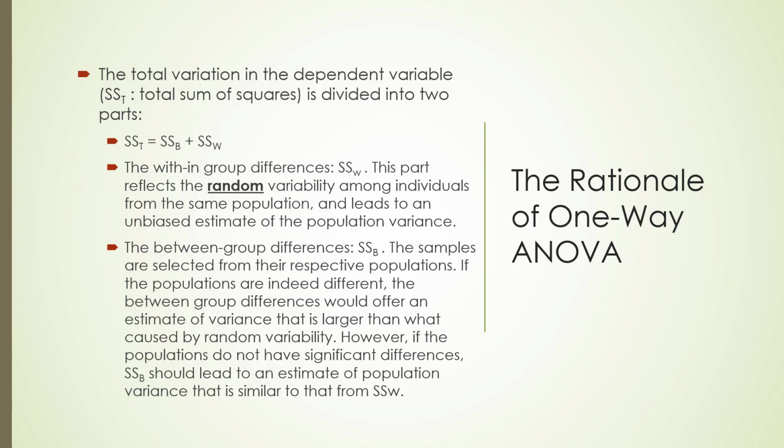The sum of squares is computed and divided by the respective degrees of freedom to obtain mean squares, which are variance estimates. I do not require you to learn the mathematical details of the calculation because SPSS can do the work in a few clicks.